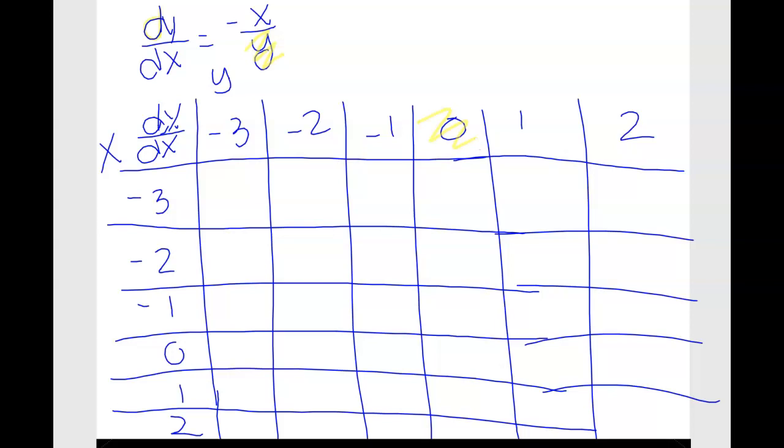So in your table, immediately hit all the y zeros with an undefined. The second thing I like to do in that table is look at when x is 0.